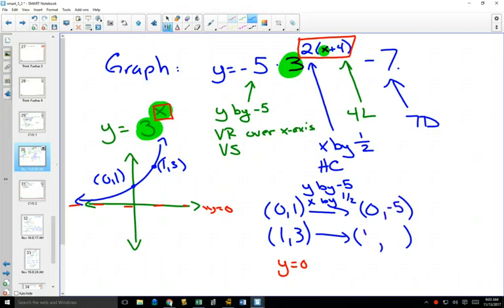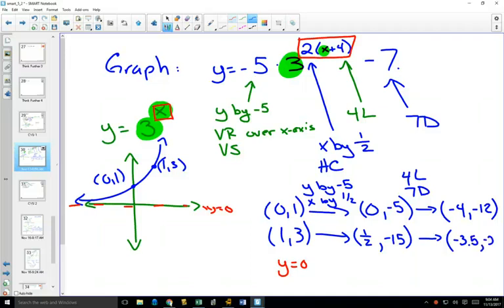And here by 1/2 will be (1/2, -15). And then in our second set of arrows, we did, moving from left to right, all of our translations. So we're going to go 4 to the left and 7 down. Well, that'll make this (-4, -12). And we'll go to a decimal here, (-3.5, -22).